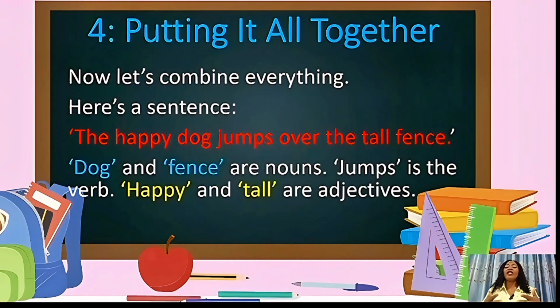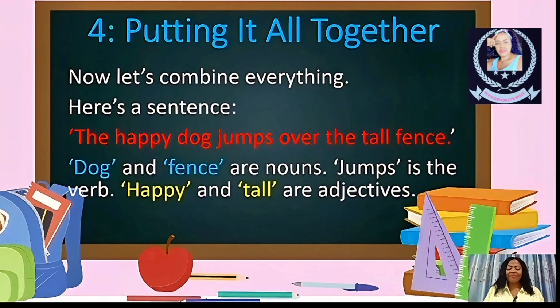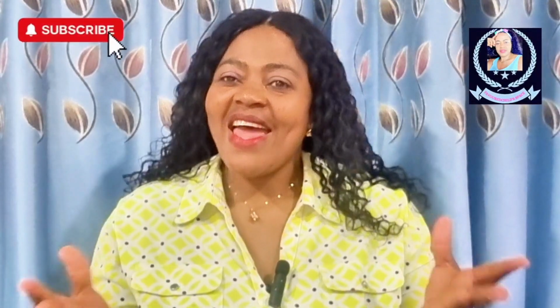Happy describes the dog and tall describes the fence. So you see, we have used the three different parts of speech to form a sentence. Now you're ready to spot nouns, verbs, adjectives in any sentence.